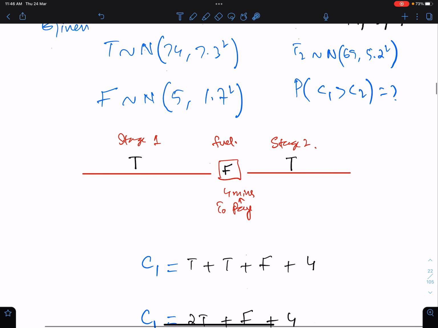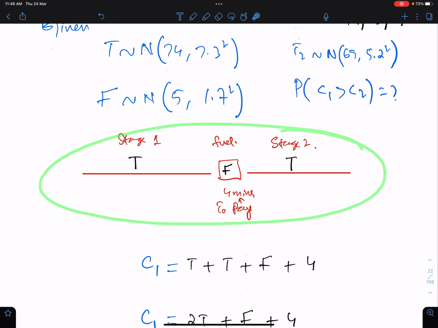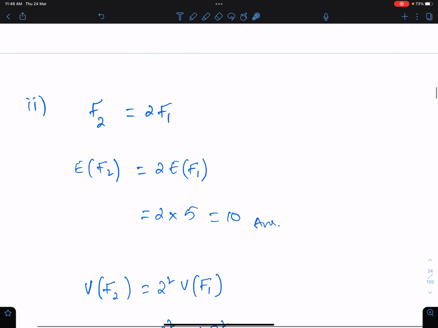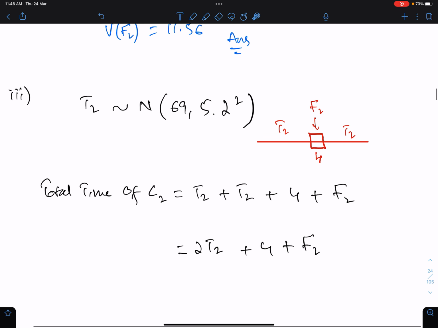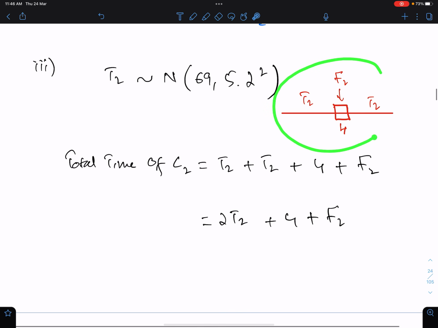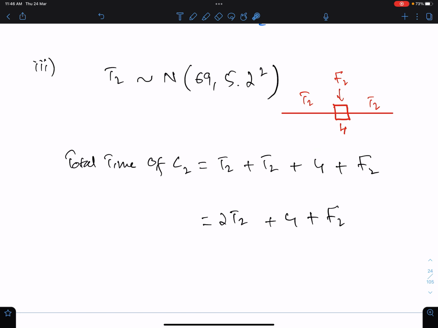And this same sketch will be used for the journey of second car. So according to that sketch, the total time of the journey of second car should be T2 plus F2 plus 4. So it should be 2T2 plus 4 plus F2.